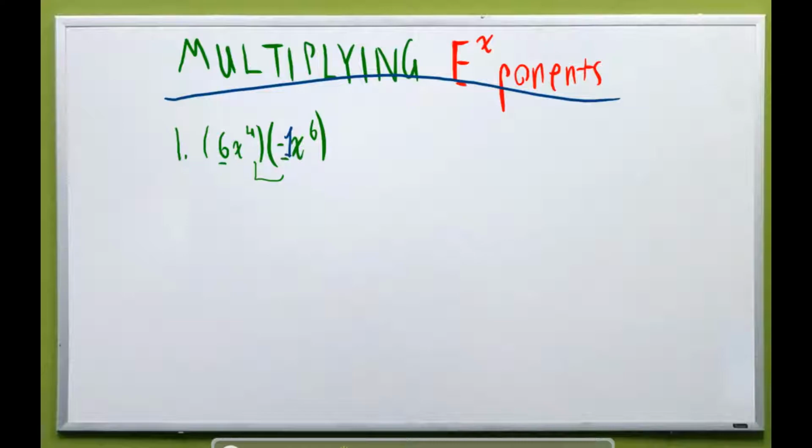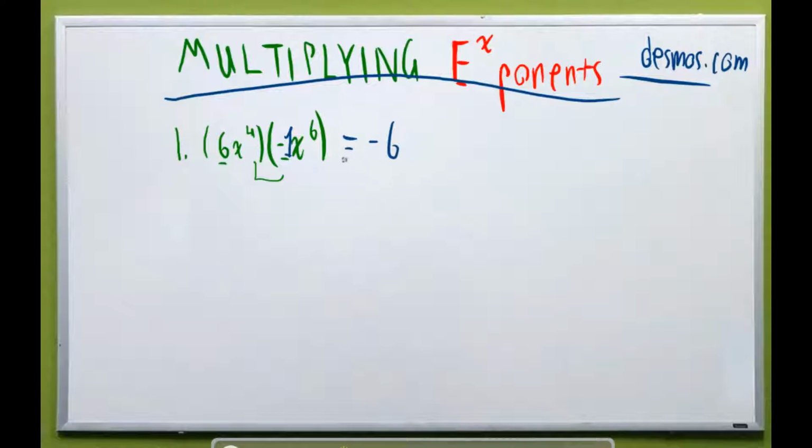So we know that 6 times negative 1 is just negative 6. Remember, you can use Desmos.com or a calculator if you have one.